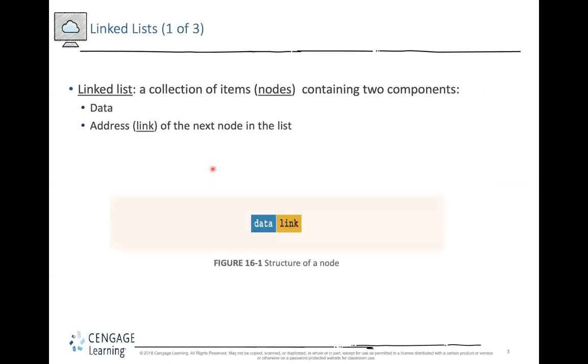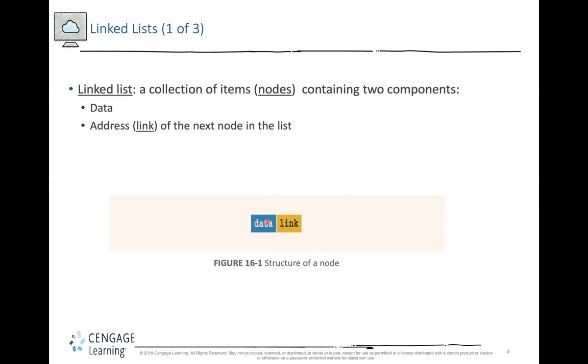Now, linked list is, as we mentioned, a dynamic set. It's a collection of nodes or items or elements. There are many different names, but it's the same thing. Now, using the terminology in this textbook, each node contains data.